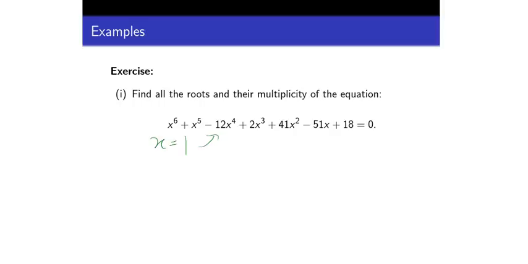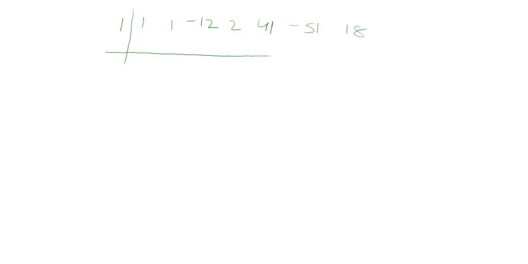Using synthetic division: 1 plus 1 is 2, we multiply by 1, minus 12 plus 2 is minus 10, then minus 8, then 32, and the last is minus 18 times 1, so this will be the remainder.